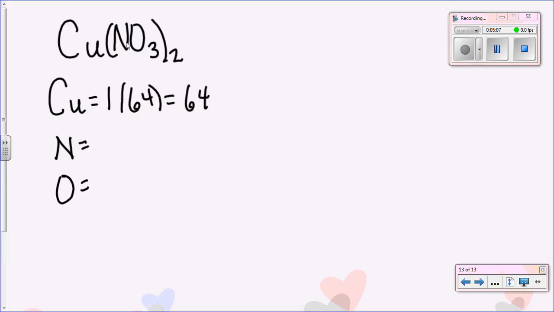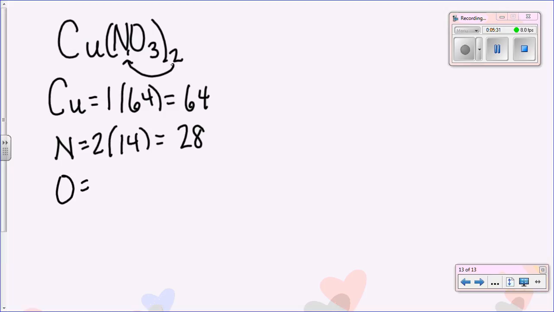Now nitrogen, how many nitrogen do we have? Well, we have 2 outside of the parentheses, so we're going to distribute this 2 to our nitrogen, which is understood to be 1. So 1 times 2 is 2, so we have 2 nitrogen total. The mass of nitrogen is 14. So the mass is 28.